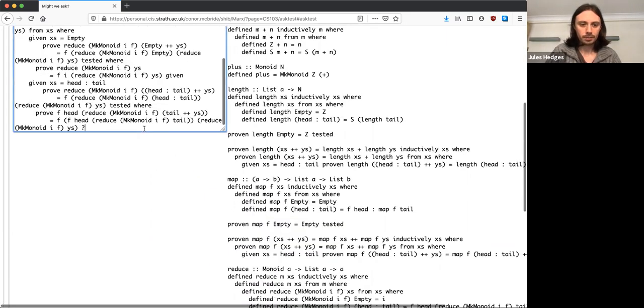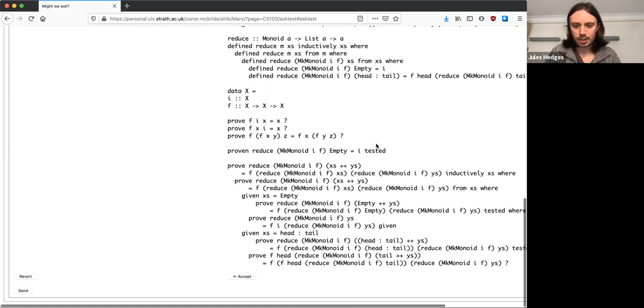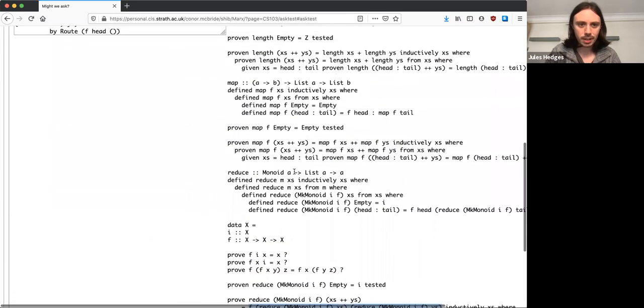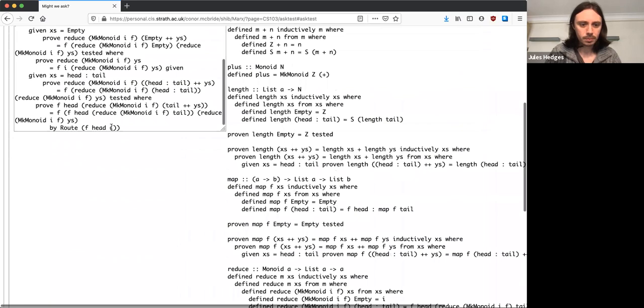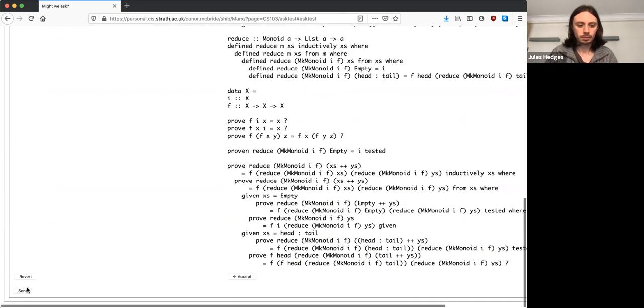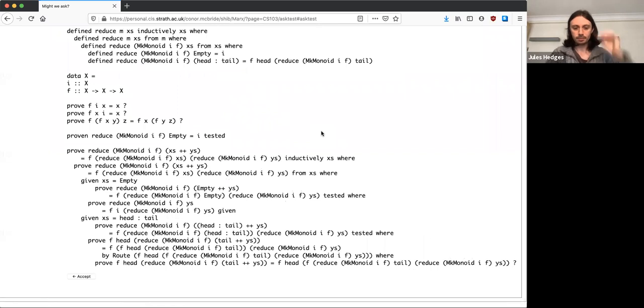So I can say by root f head, and then the right-hand side of the inductive hypothesis is this thing, but with xs replaced with tail. Okay.